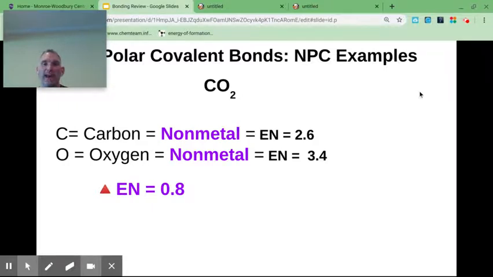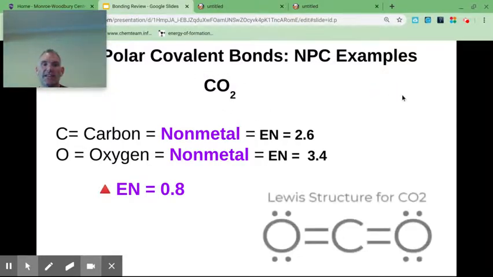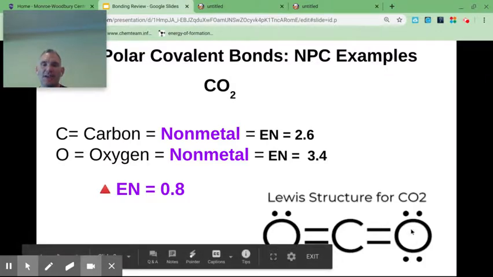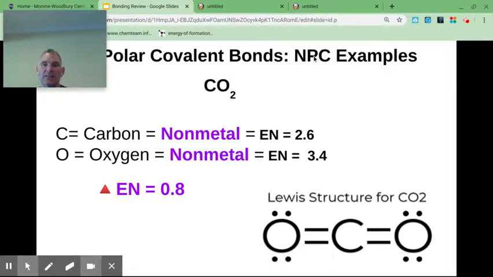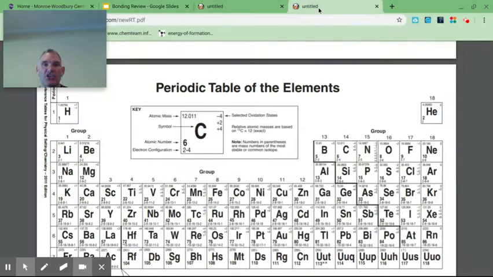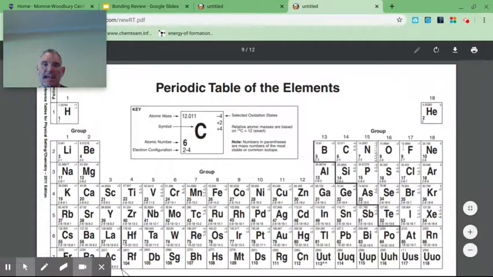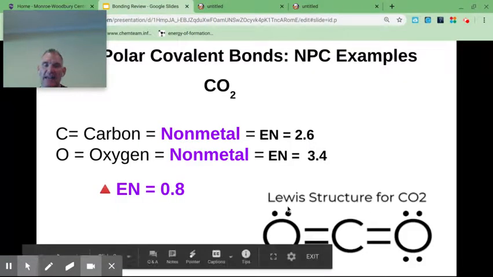However, when I draw it out, and CO2 was another tricky one, it was a double bonded structure. Notice that both sides of the molecule are equal. Equal is nonpolar. Same with the charges. If I look at the charge for oxygen, because I'm looking at the ends, oxygen has a negative charge. So negative, negative, the sides are also the same charge, making it a nonpolar molecule.